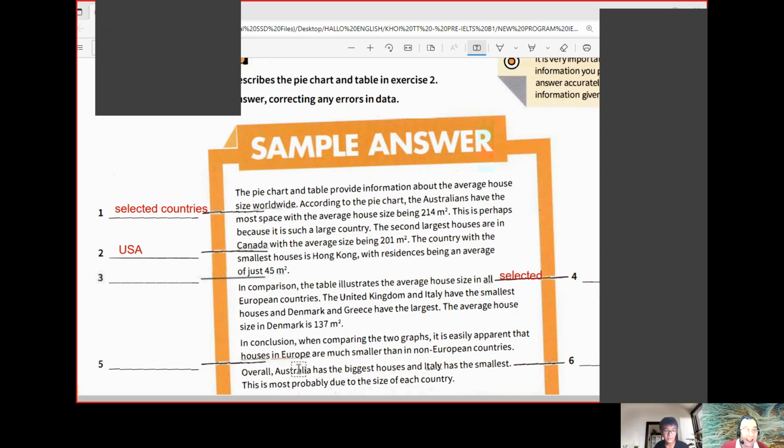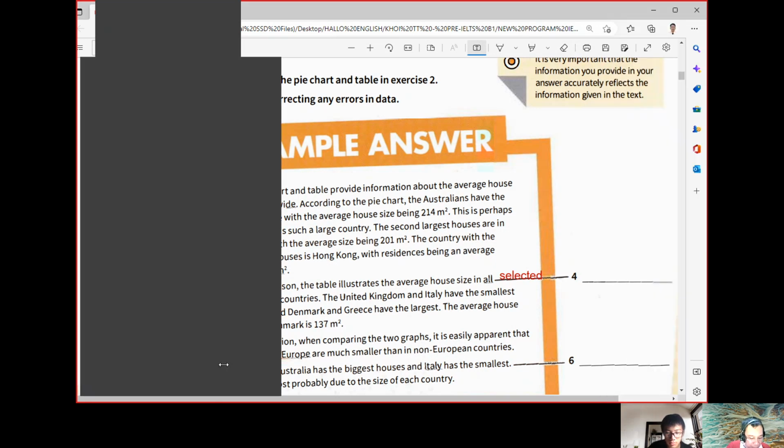Okay. So, most houses in Europe are much smaller than in selected European countries.